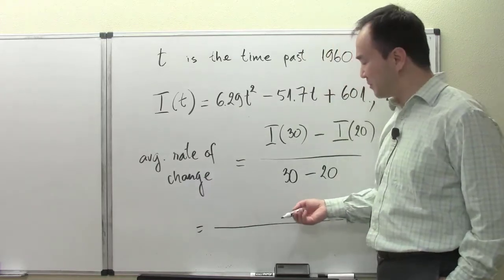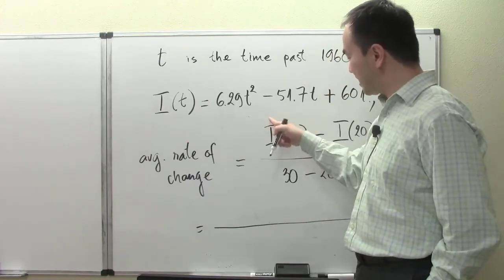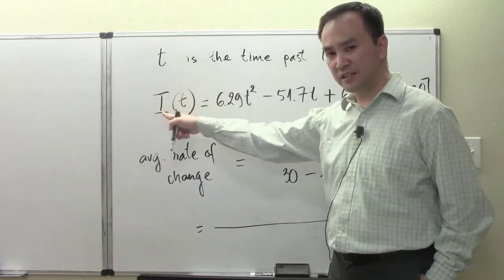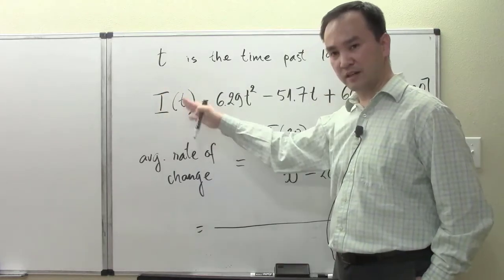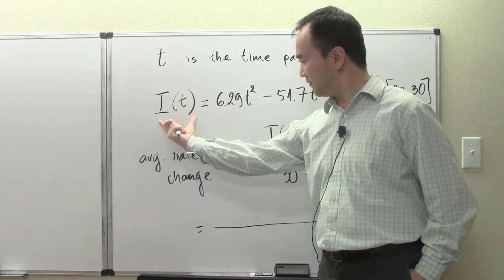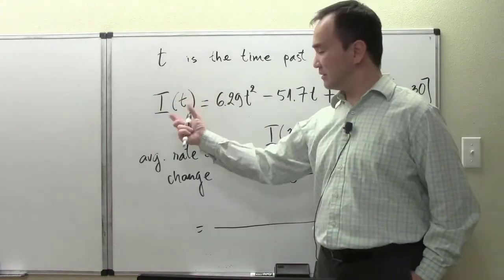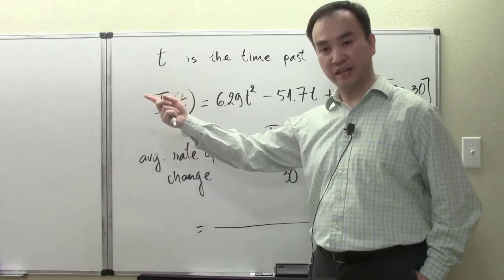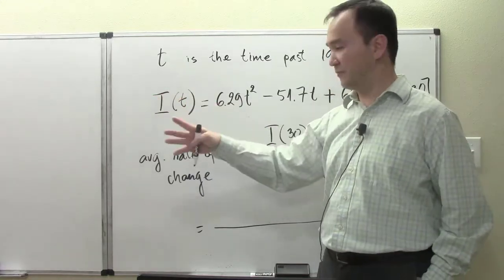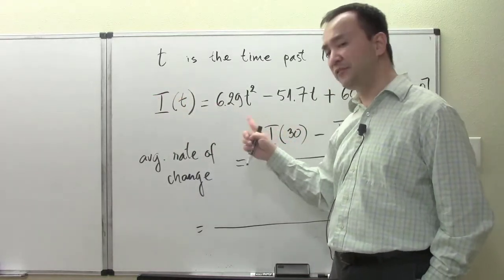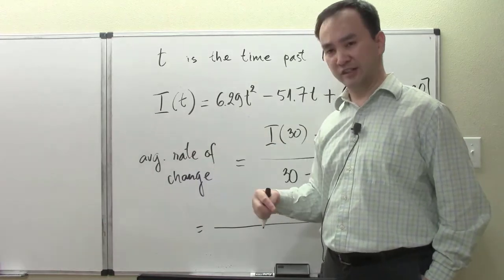Whichever figure comes out from the outputs of the function, meaning I of 30 or I of 20, the value there is in billions. So if it comes out as 65, that means 65 billion.